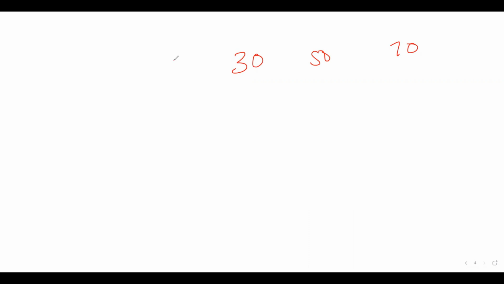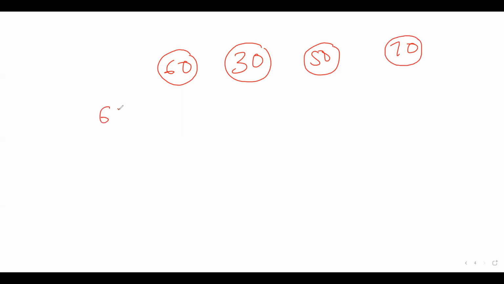You can even take bigger numbers, not a problem. Any number which is ending with 0 will be divisible by 2. It will also be divisible by 5. 2 and 5 will be the divisors of that number.